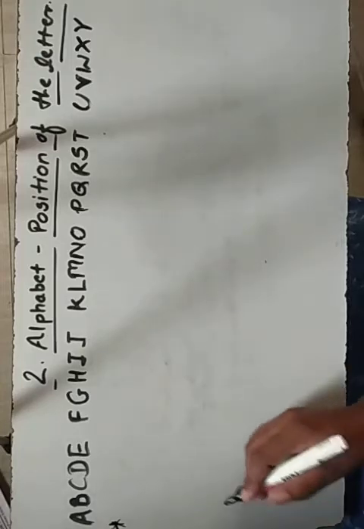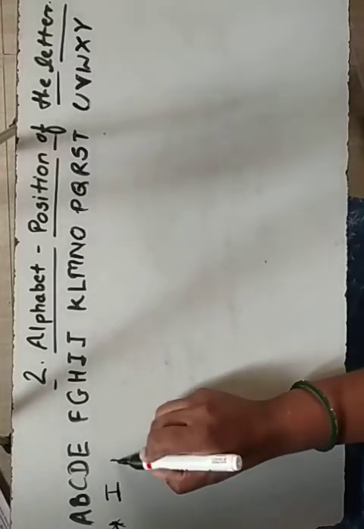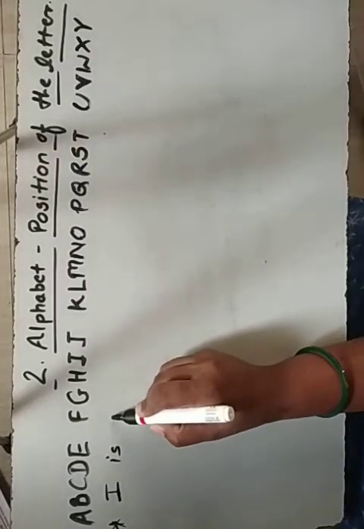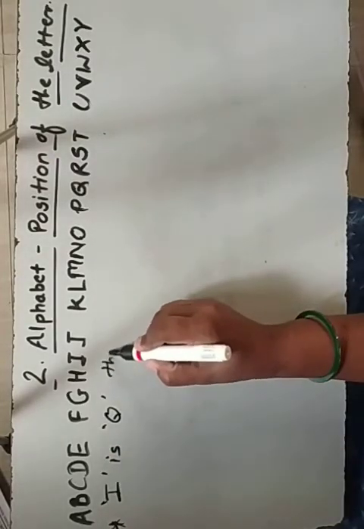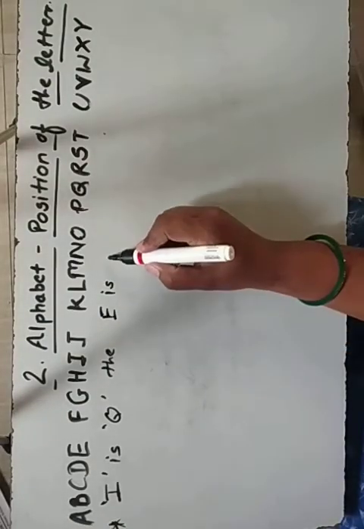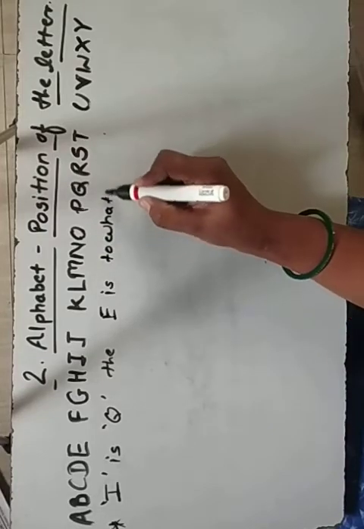Now the question is, if I is equal to Q, then E is what? E is to what is the question. It's very easy.